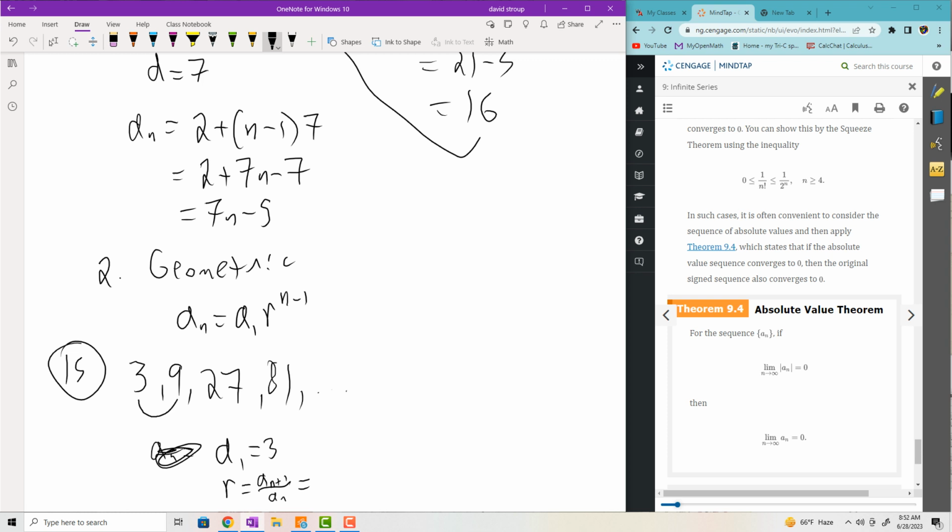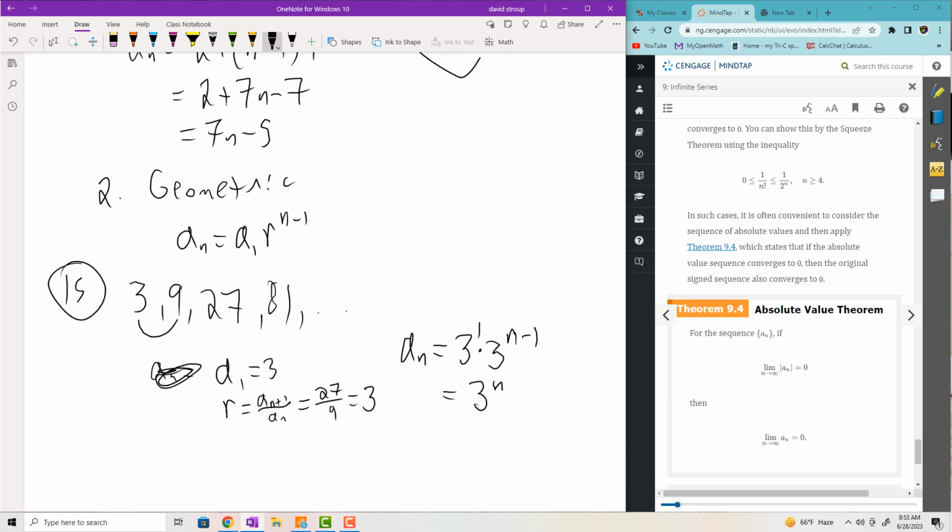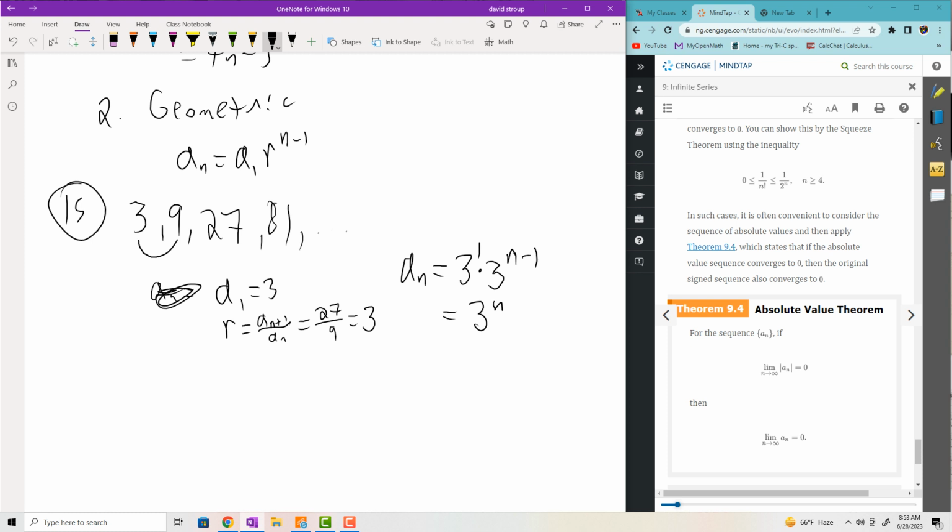You take any two consecutive terms, you can even do 27 over 9. The r value, therefore, is 3. So a sub n equals a sub 1, which is 3, times r, which is 3, to the n minus 1. If you want to simplify it, you can add the exponents, so you get 3 to the n. Sometimes it's helpful to have those formulas in your back pocket.